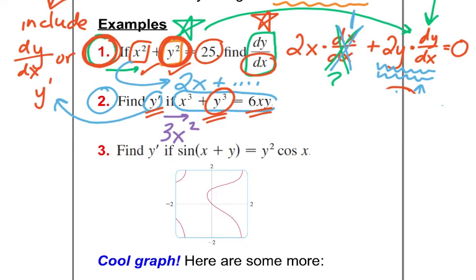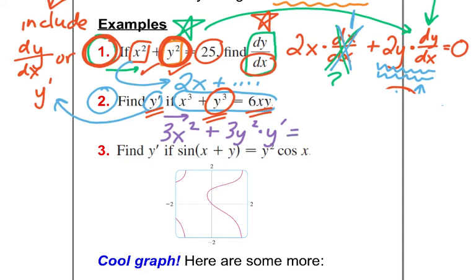So 3x squared plus the derivative of y cubed, by just power rule, is 3y squared, right? But because he's a y term, remember, implicit differentiation needs chain, so I'm going to multiply by the derivative of y. And here I'll use the y prime notation instead of dy dx. But they mean the same, and you can use either one you want. Okay, the left side is done.